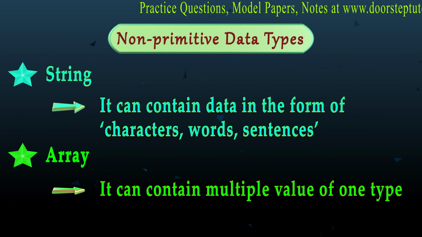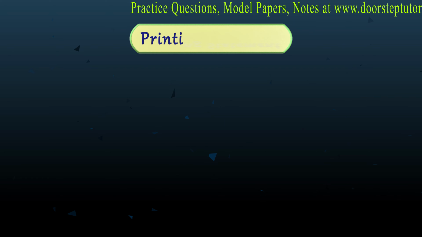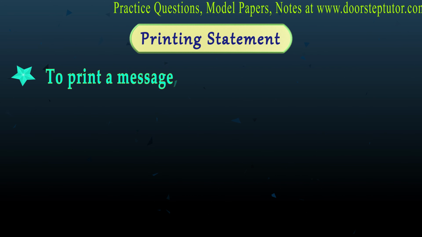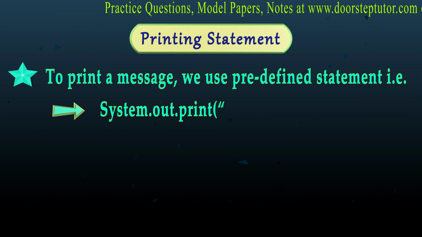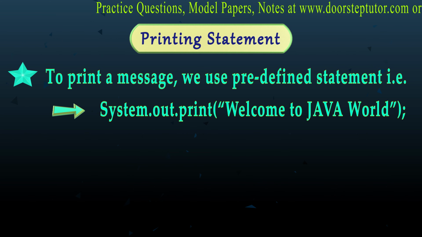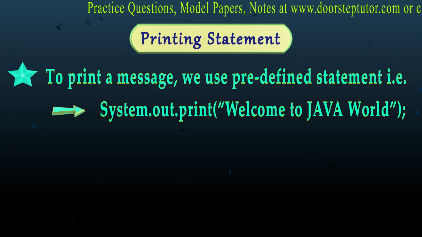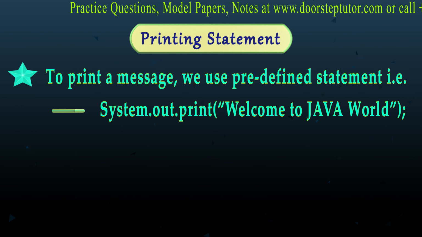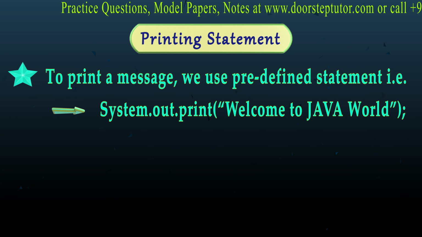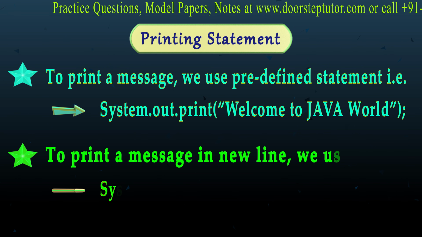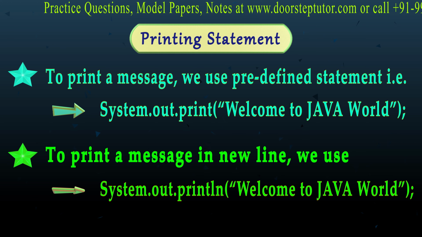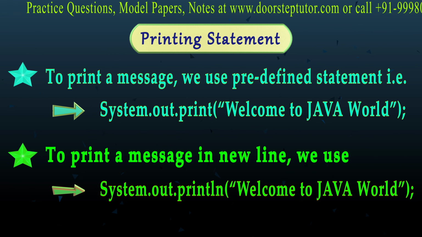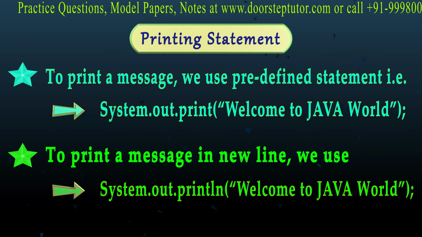So in the next slide we are having how to print a statement. For printing a single line we use system.out.print. But in case we want to represent multiple lines, in the next line we must have the statement system.out.println. It means that it will give an enter after this statement.